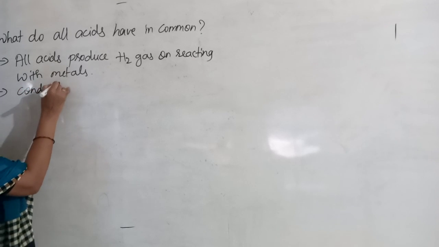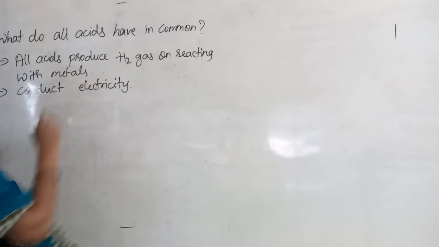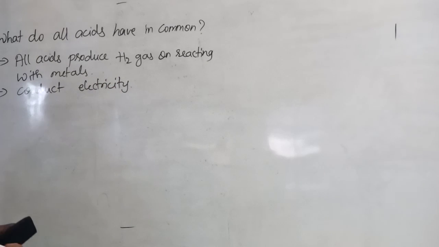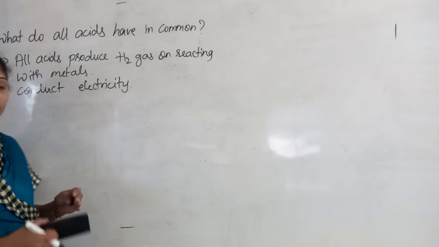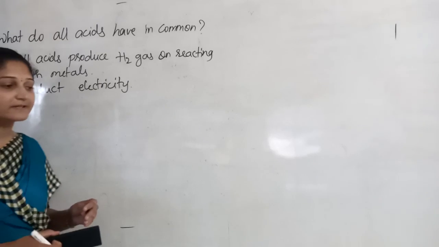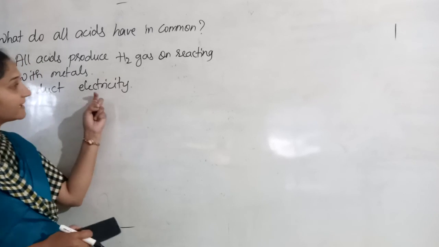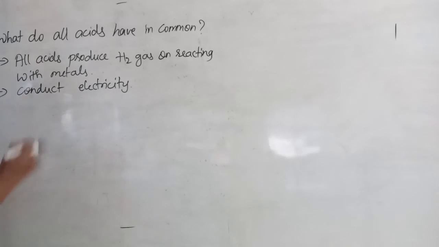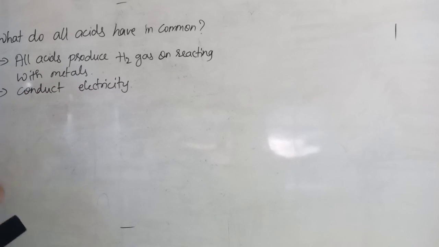You may ask, ma'am, bases also conduct electricity, right? We will discuss that when we cover what all bases have in common. The common characteristics of acids are that they produce H2 gas on reacting with metals and conduct electricity.